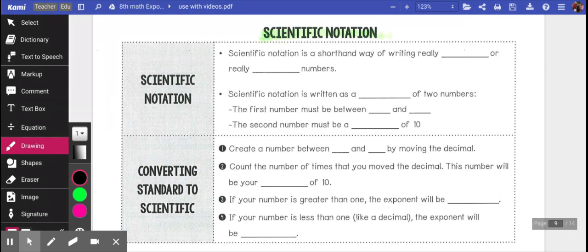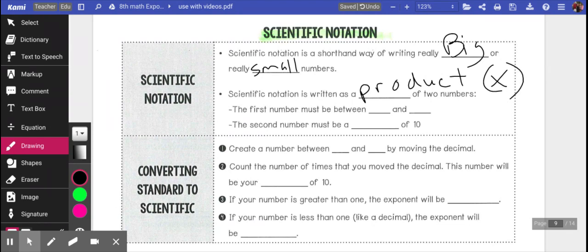Scientific notation is basically a shorthand way of writing really big or really small numbers. So it's kind of like a shortcut. Scientific notation is written as a product, and remember, that means when you multiply, so you might want to write that, of 2 numbers.